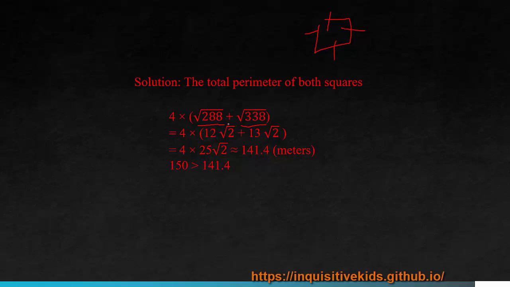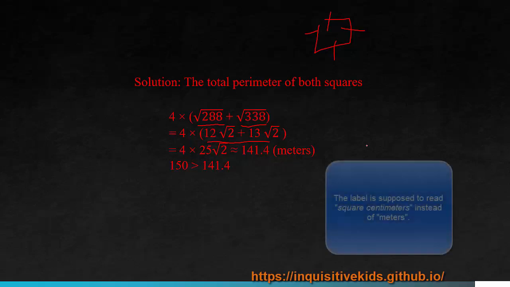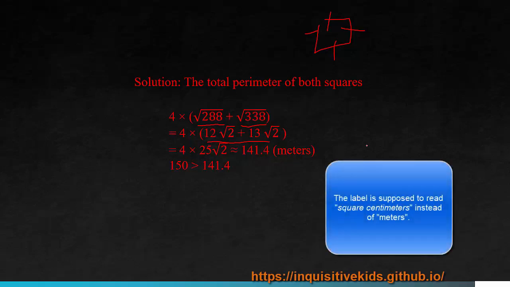First, we simplify these 2 arithmetic square roots into its most simplified radical form, which is 12 times the arithmetic square root of 2 plus 13 times the arithmetic square root of 2. Then we can see that we have like terms inside the parentheses. We combine that to get 4 times 25 times the arithmetic square root of 2, which is about 141.4 meters.